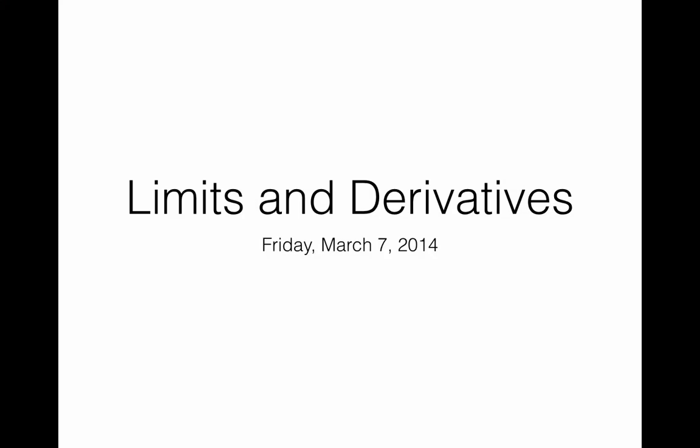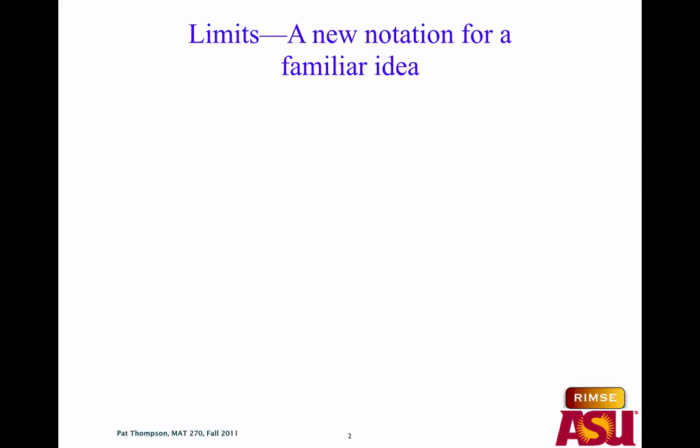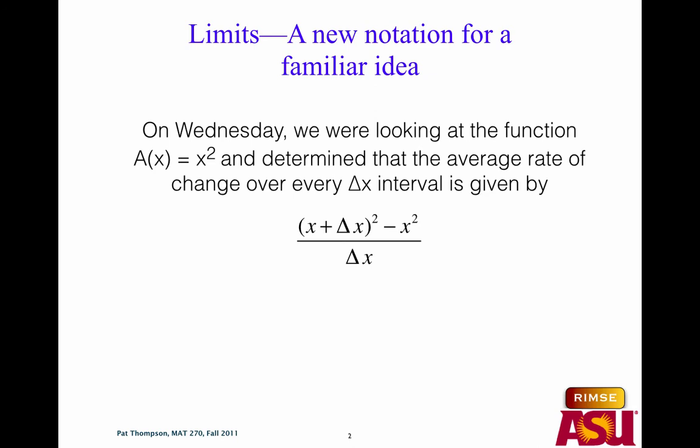So we left off on Wednesday talking about limits. And so I want to pick up where we left off. If you recall, we were looking at the function A of x equals x squared and determined that the average rate of change over every delta x interval is given by this quotient, okay?